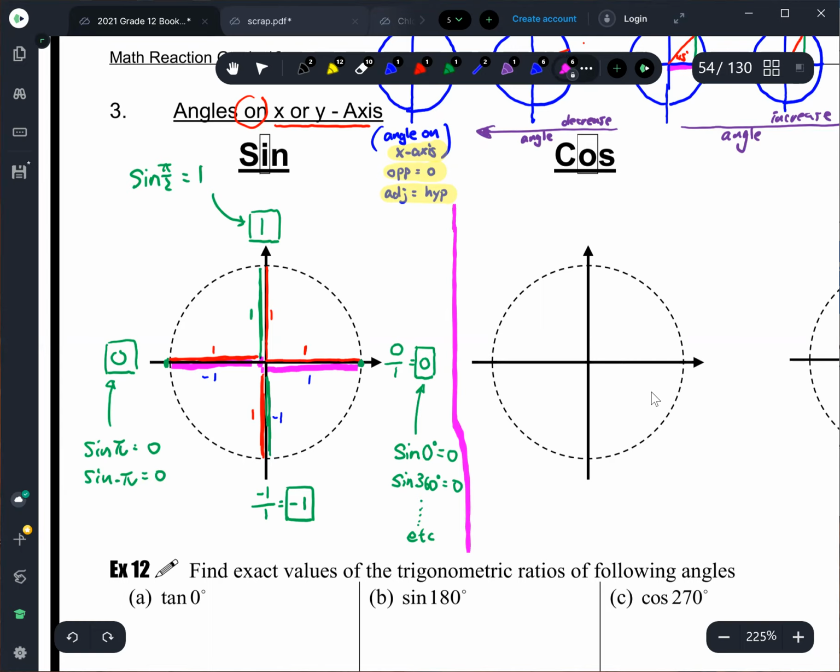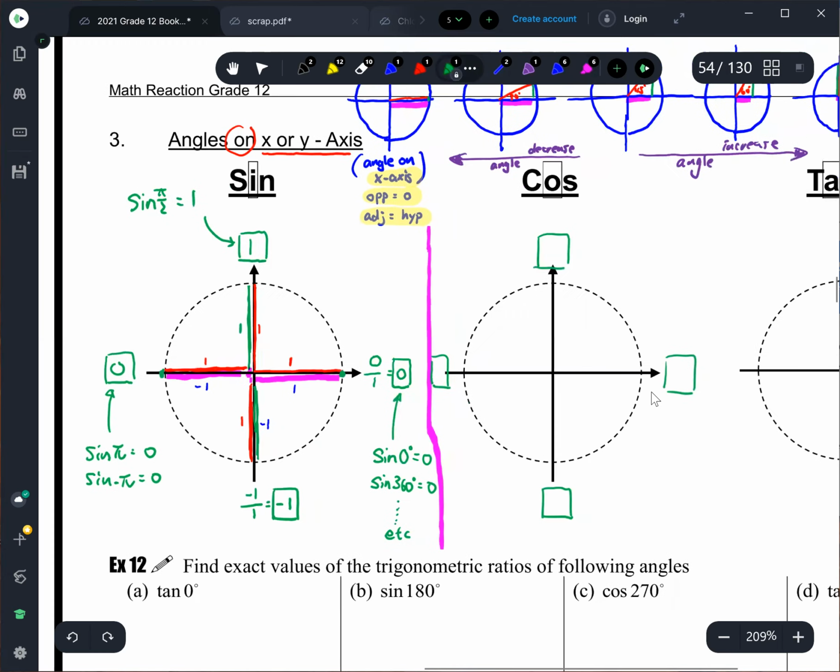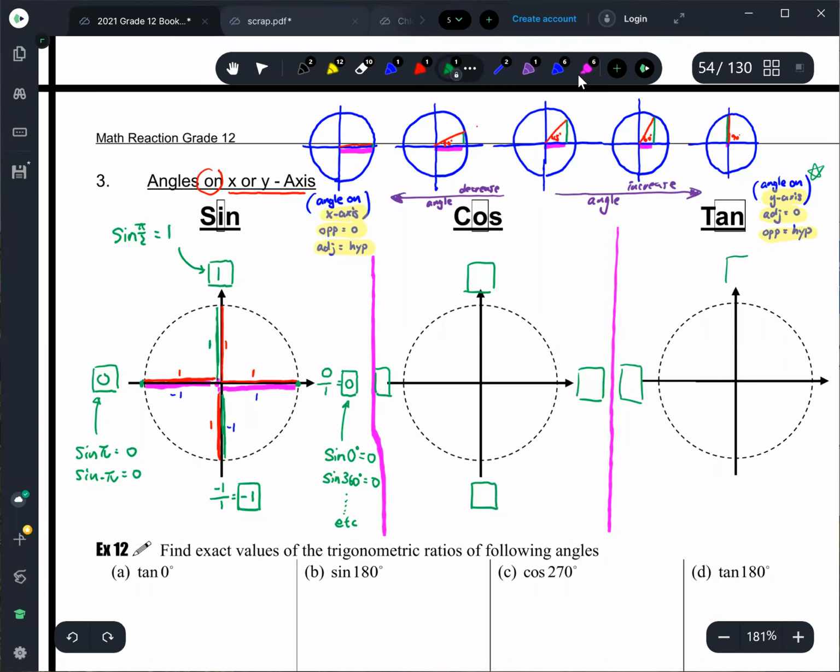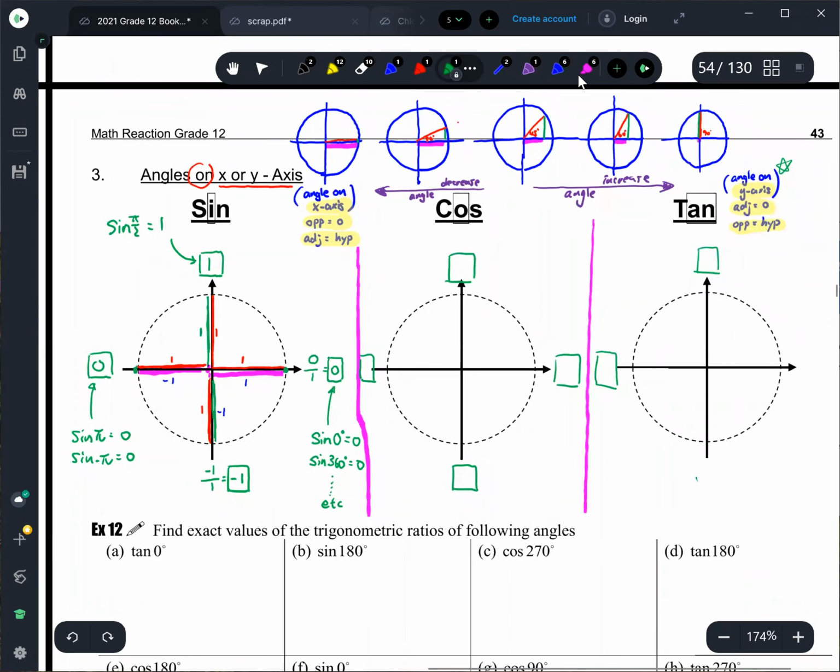Try to figure out the cosine at different places. You can start on that right now. Find the cosine, or check cosine first, before you go to tangent.